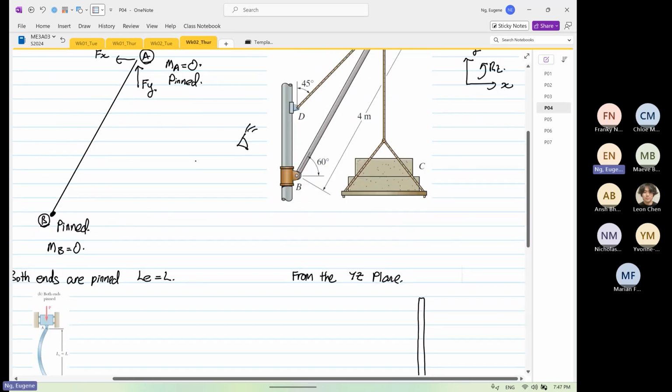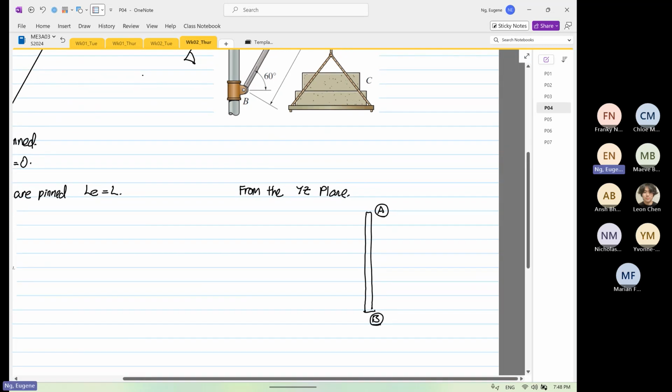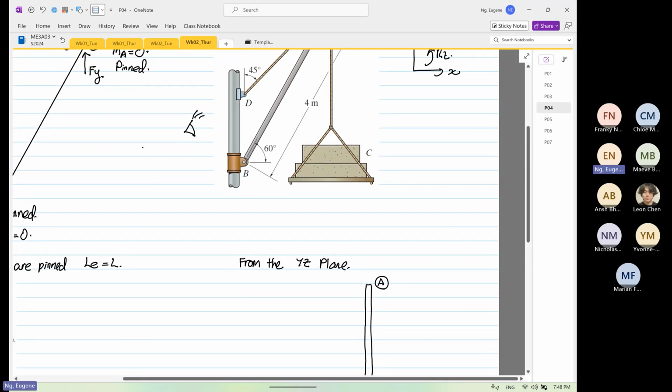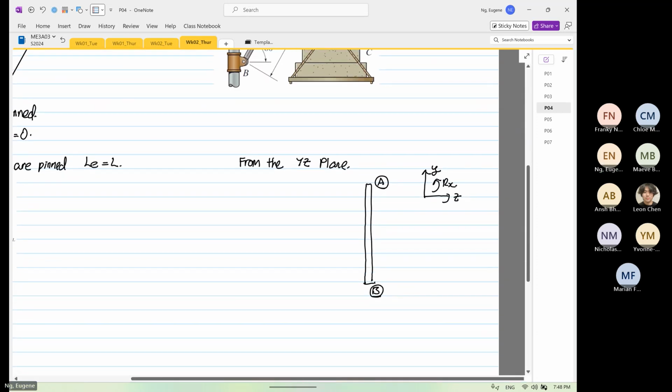Okay, so member AB. This is point A. This is point B. And then based on the right hand rule, this is now your Y, and this is your Z, and this is rotation about X. Okay.